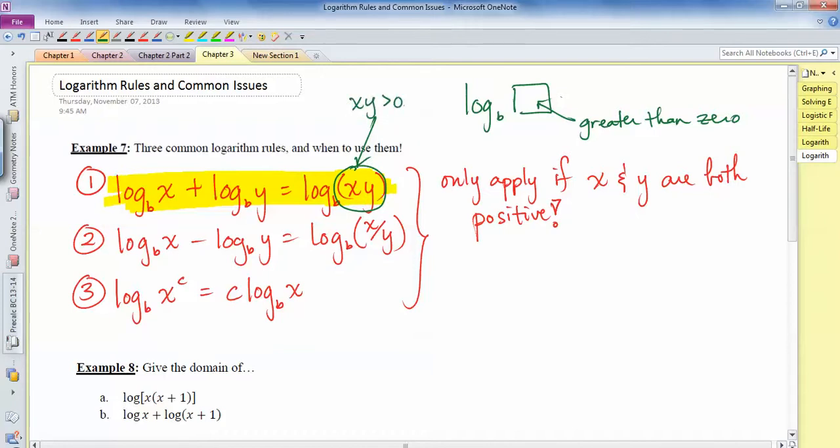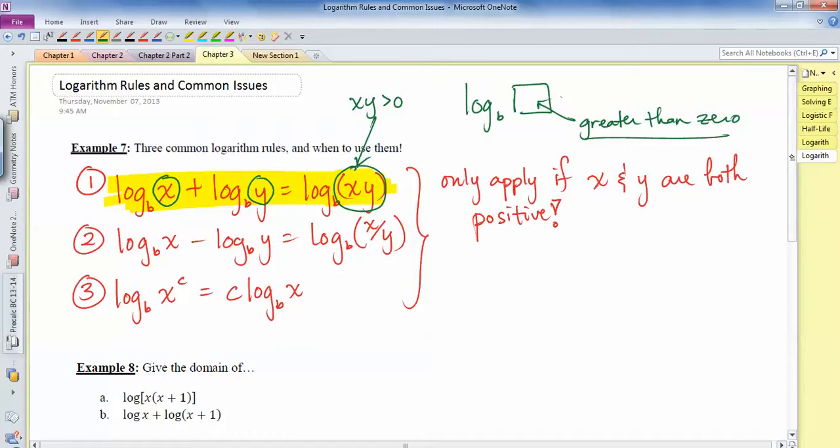So that could happen if x and y were both positive, but it could also happen if x and y were both negative. And if x and y were both negative, then this x on this side and this y on this side would be negative numbers too. But that doesn't work because those aren't greater than 0. So that's why this rule only works if x and y are both positive numbers, if you already know that somehow.